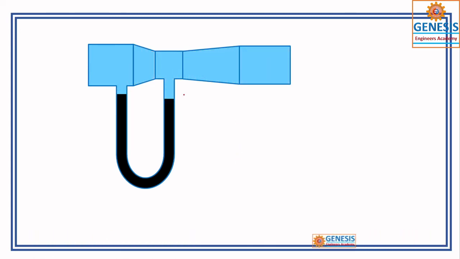This is a Venturi meter, which you have studied. The pipe flow is taking place through the pipe, and the manometer is connected to two points of the pipe. Because of this, the liquid may go down or otherwise stay there. What happened?